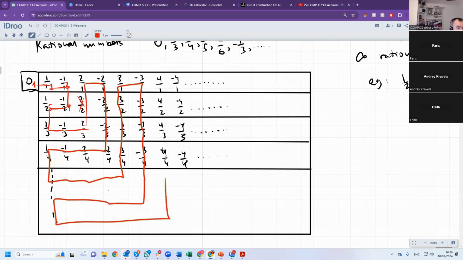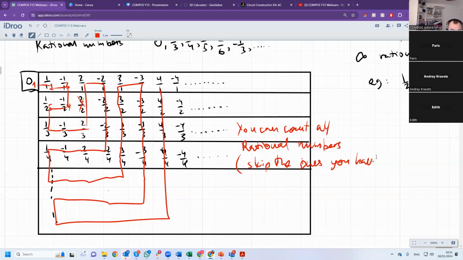So this way, you will count all the rational numbers. You can count all rational numbers. Skip the ones, the equivalent ones. Skip the ones you have already met.